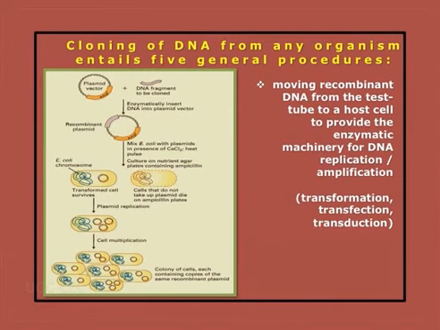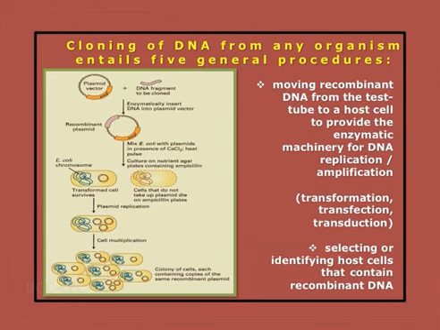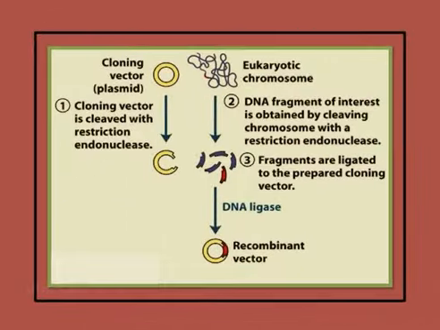And the next step is this recombinant DNA that is formed is to be introduced inside suitable host cells by means of transformation, transfection and transduction. And finally, we need to select those cells that received the recombinant DNA. So precisely, if you follow the steps, herein we have got a cloning vector.